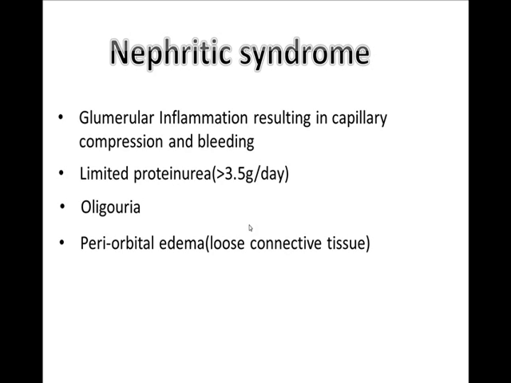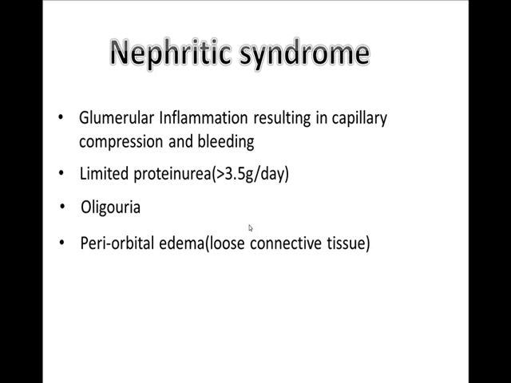Periorbital edema occurs because we have reduced urine production, so we have more water and salt retention, and this water and salt retention increases our blood volume. Because our blood volume increases, it will increase the hydrostatic pressure, and it will predispose us to edema.